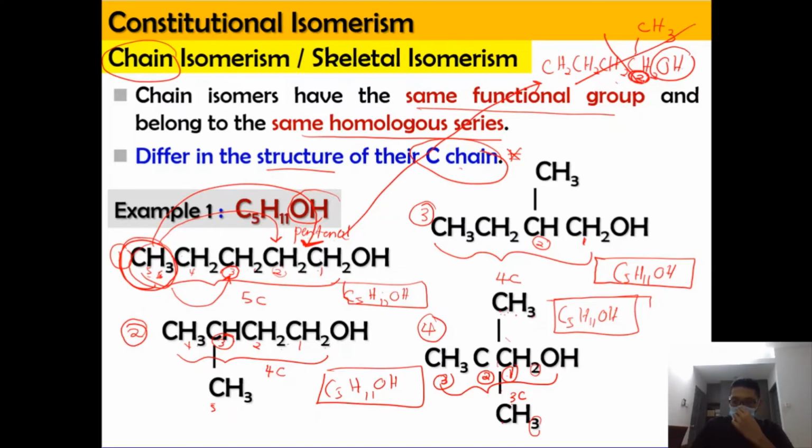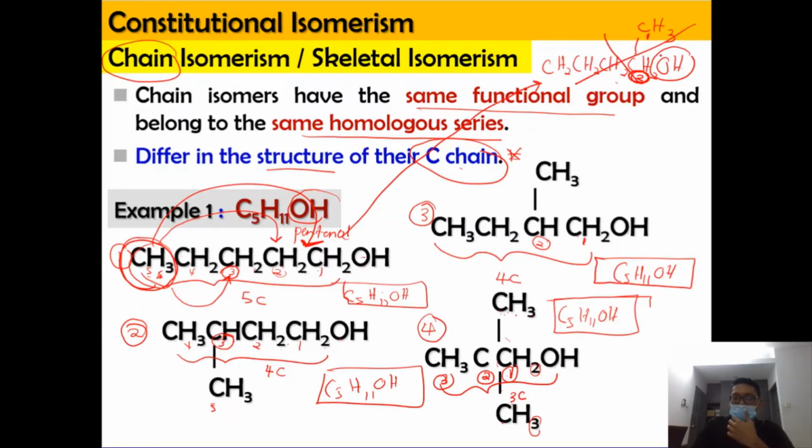In all of these cases, OH is attached at the first carbon. But for this case, we usually start the naming from here because it is the longest carbon chain. So as you can see here, it becomes 2-OH. Here the position of OH has changed.